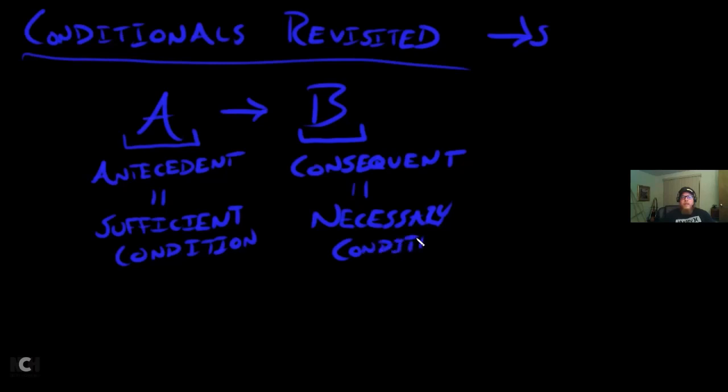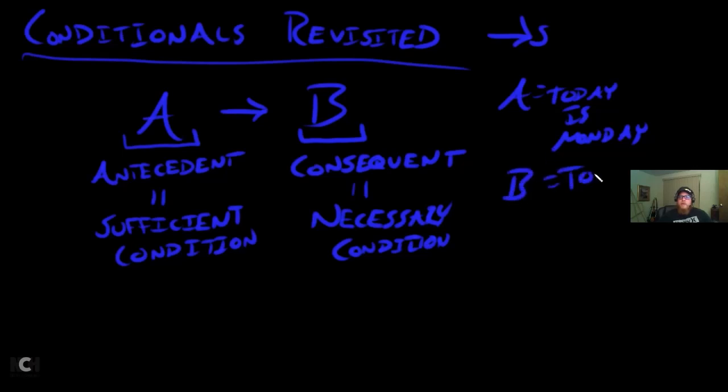So if a conditional statement is true, if one thing really leads to another thing, let's say A stands for today is Monday, for example. And let's say B stands for tomorrow is Tuesday.